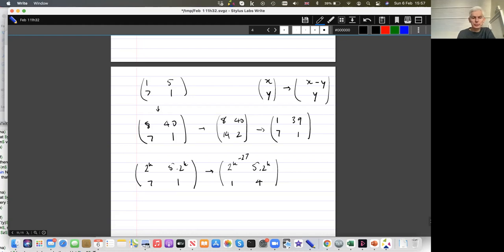What does happen to the determinant if I subtract 1 from each? So if I've got AD minus BC, this is for a matrix A, B, C, D, let's say.